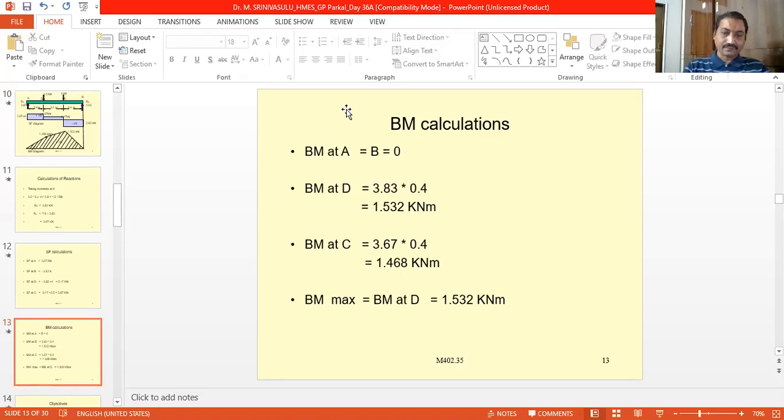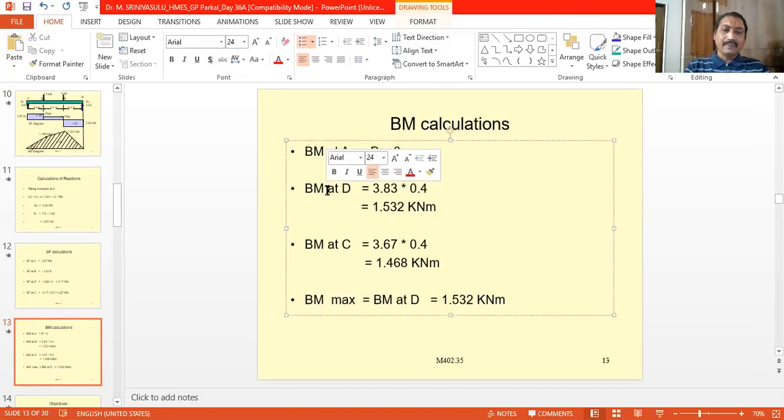Here, the bending moment at B is equal to 0, the bending moment at A is equal to 0, the bending moment at D is equal to 1.532 kN meters, and the bending moment at C is equal to 1.468 kN meters.